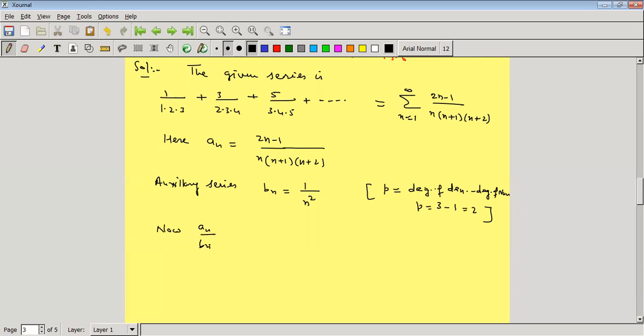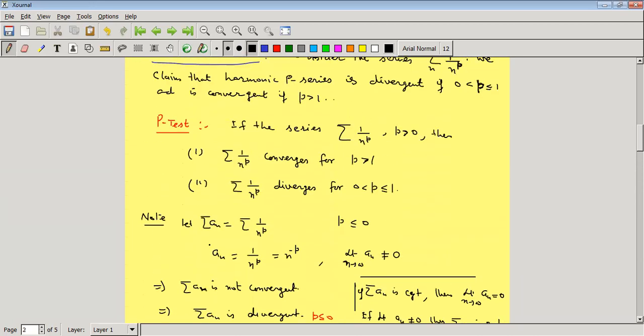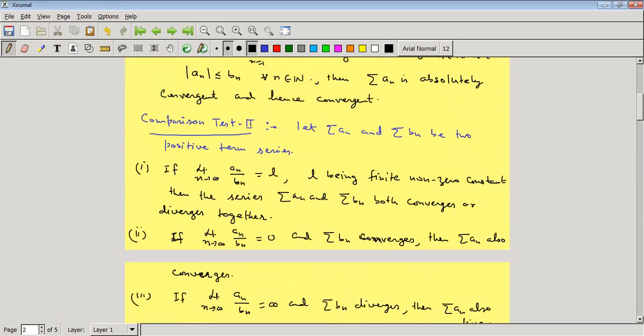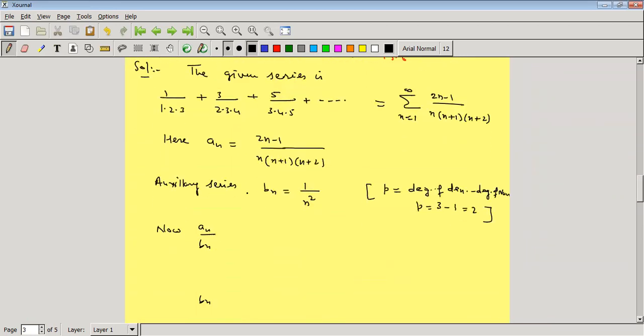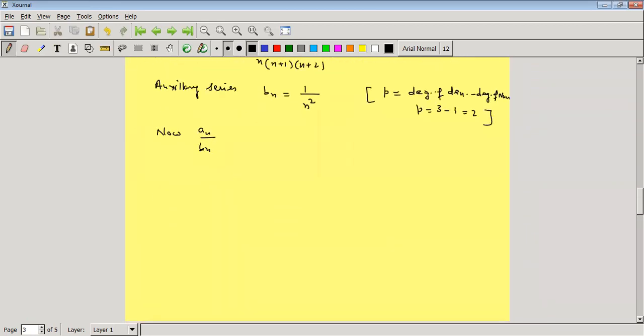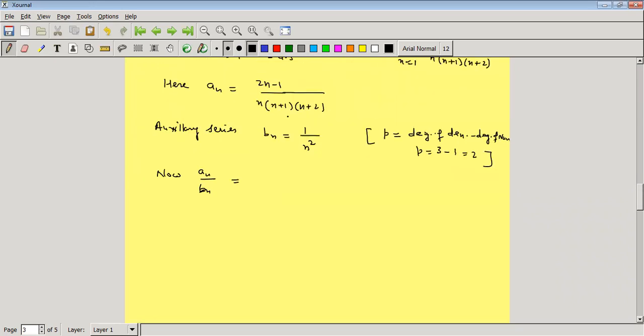Now we use comparison test 2. Comparison test 2 is very important. We find An upon Bn, because both An and Bn are positive term series. So An upon Bn is 2n minus 1 divided by n into n plus 1 into n plus 2, into n square upon 1.